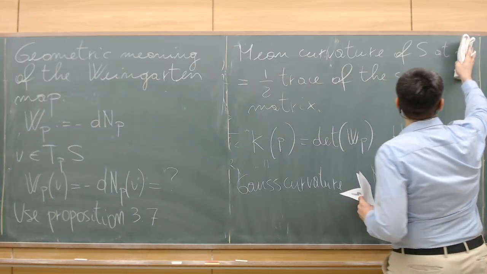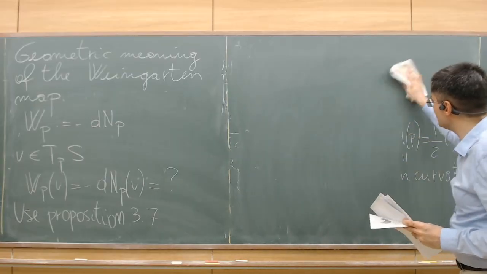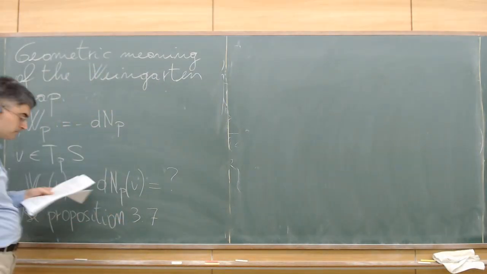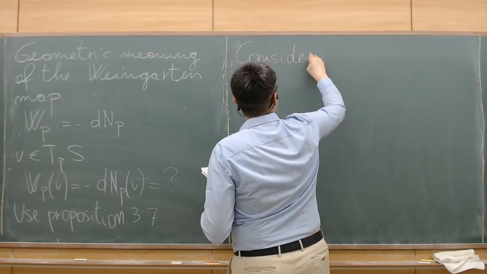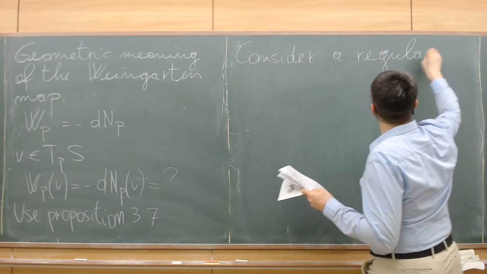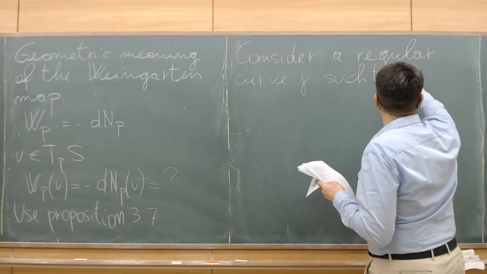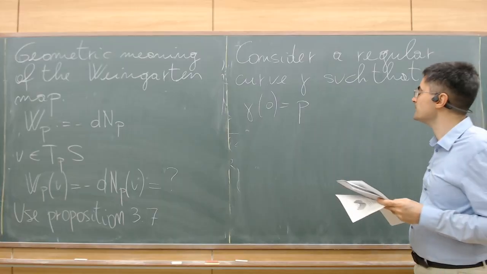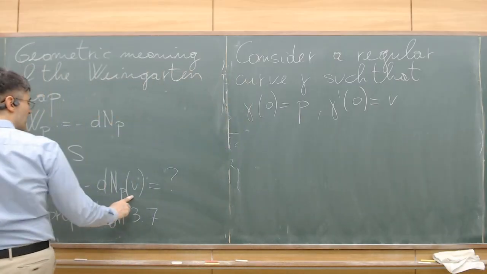It's a proposition which says that if you have to compute the derivative of a function along a given direction, you have to take a curve gamma such that the initial point is the point where you want to compute the derivative, and the initial velocity is the vector along which you are computing the derivative.